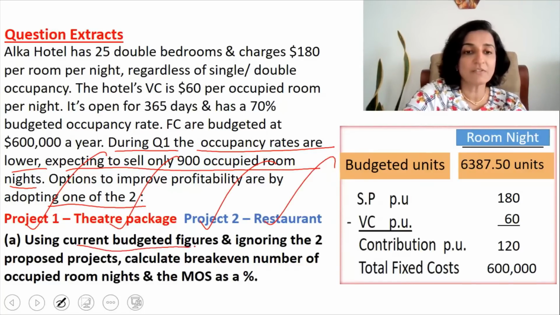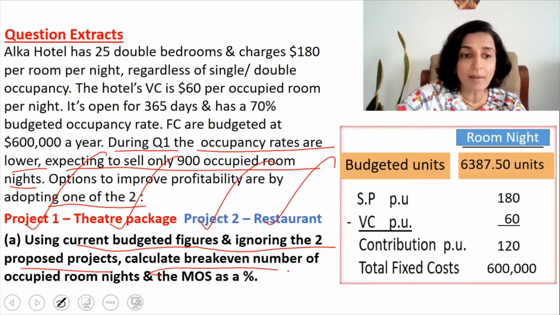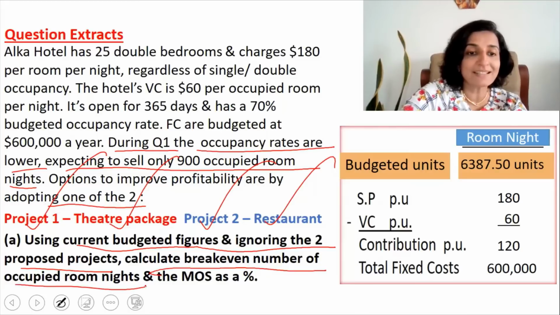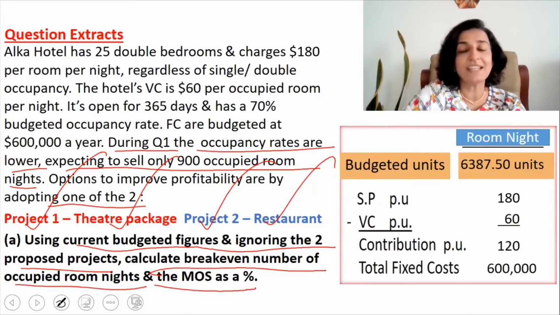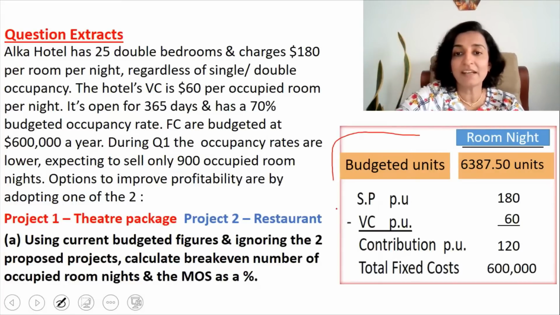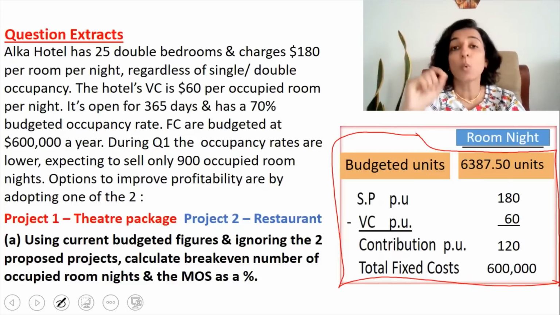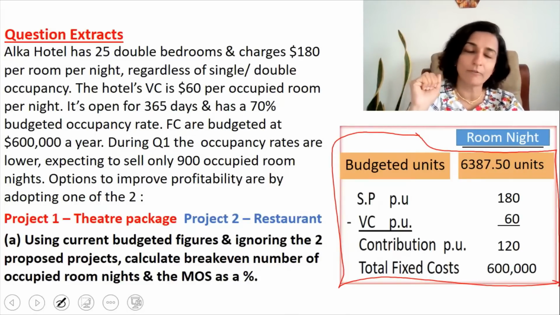Using current budgeted figures and ignoring the two proposed projects, for the time being we don't need to consider them. Calculate the break-even number of occupied room nights and the margin of safety as a percentage. So right now we need to calculate the break-even point and the margin of safety as a percentage with the information we have prepared in the format.